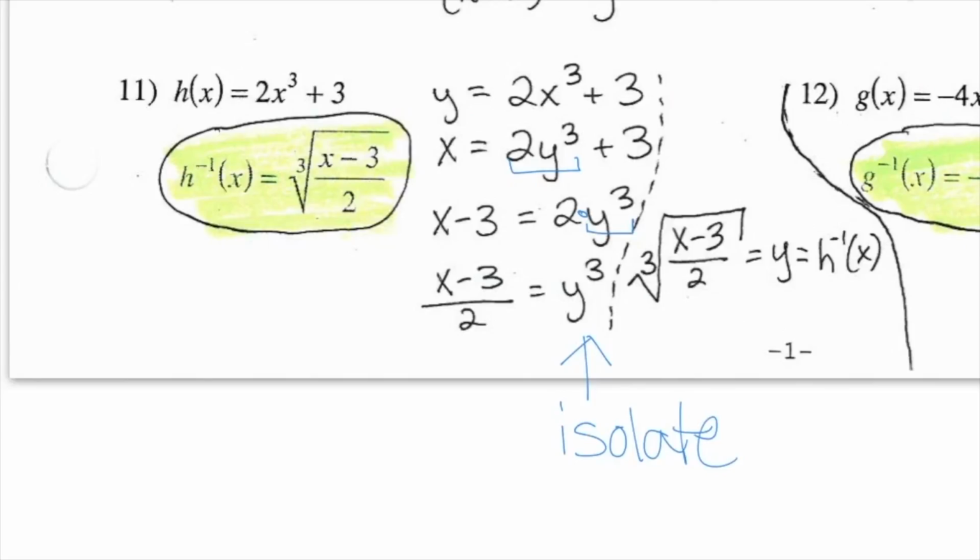But now it's going to be a more complicated cube root, but that's okay. It's the cube root of this whole entire rational expression, x minus 3 all over 2. And that is equal to y now finally, and we can put the label h inverse of x with it. Next problem, number 12.